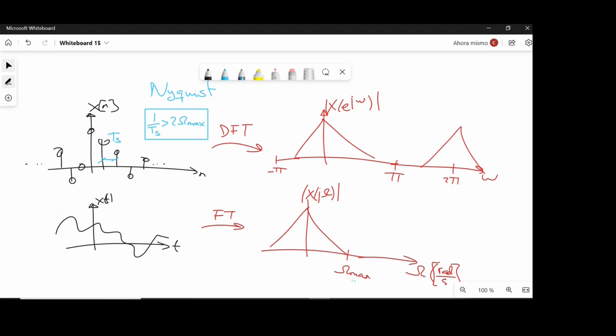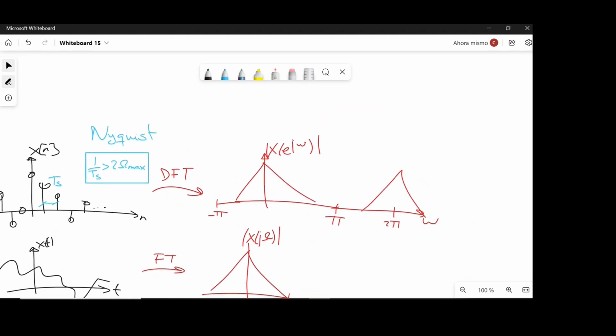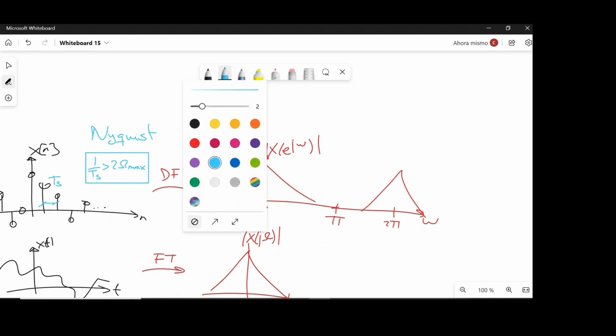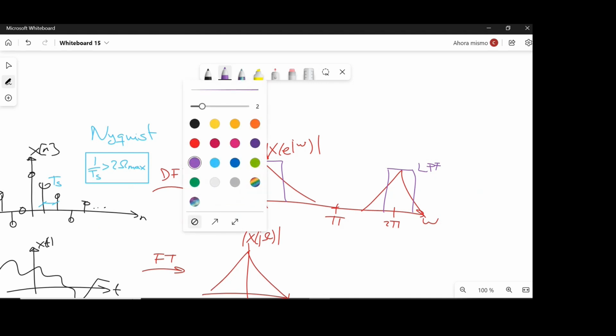Okay, so yeah, this is 1D. Now, in one dimension, I may be interested in isolating different frequency bands. I can say, I'm very interested in this area of my signal. So I can put a low pass filter. I have to identify that area. And I may be interested in a different region.